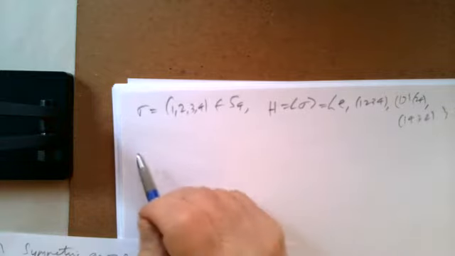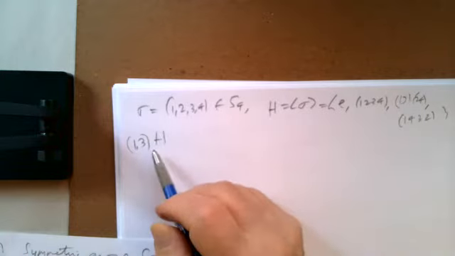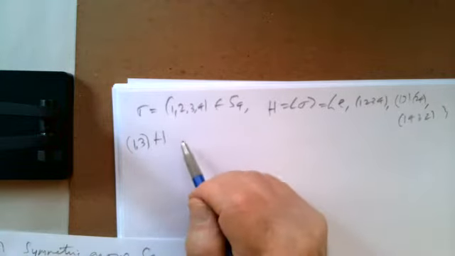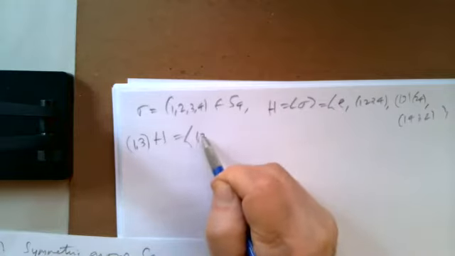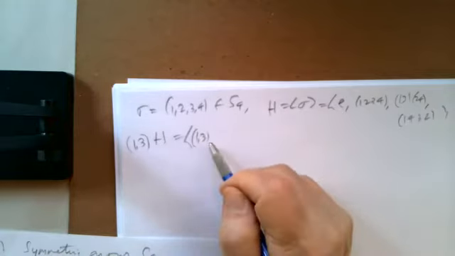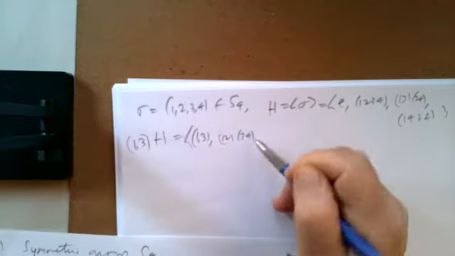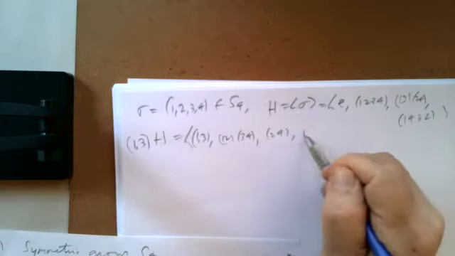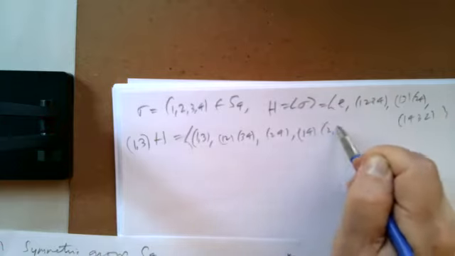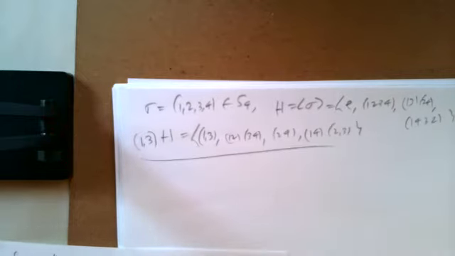And when we calculated the left coset (1 3), that transposition times H, we got the following. (1 3) times the identity is (1 3). And we also got (1 2)(3 4). And we got (2 4). And we got (1 4)(2 3). So that's the left coset.